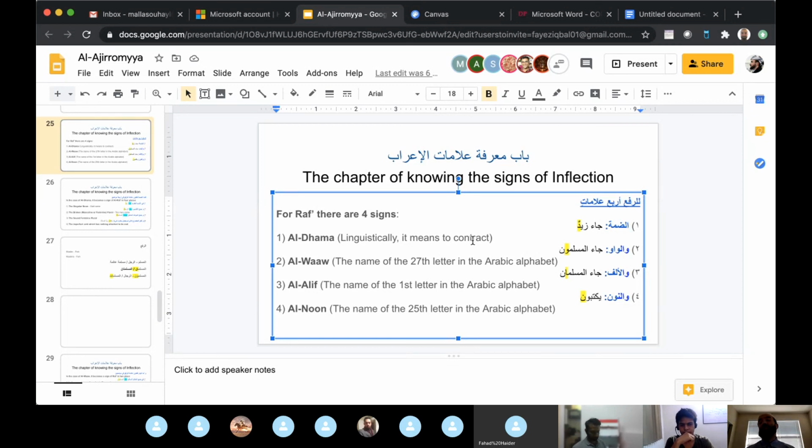But if you ever see that the linguistic meaning of a word does not seem to have any apparent relationship with its terminological meaning, you don't necessarily have to think too much of it. Eventually you may read in some book what the relationship is, but as far as understanding the content of the book and Arabic grammar, that would be a side point. It wouldn't be the core of the subject.